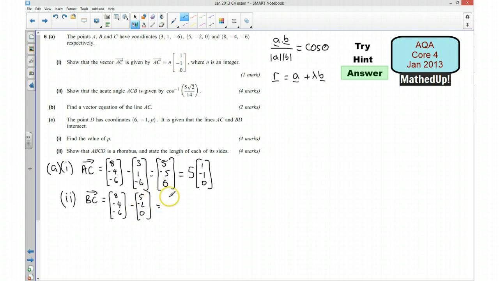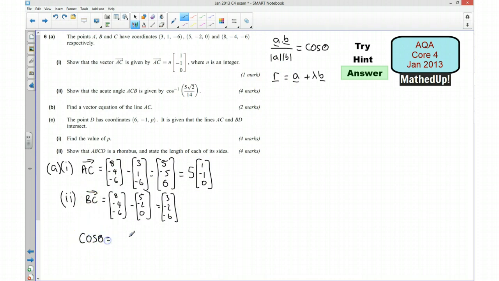And that's going to be 3, -2, and -6. Okay, so now I want to do the dot product of these two, and then divide by the magnitude of this one times by the magnitude of this one. And that's going to tell me what cos theta is.